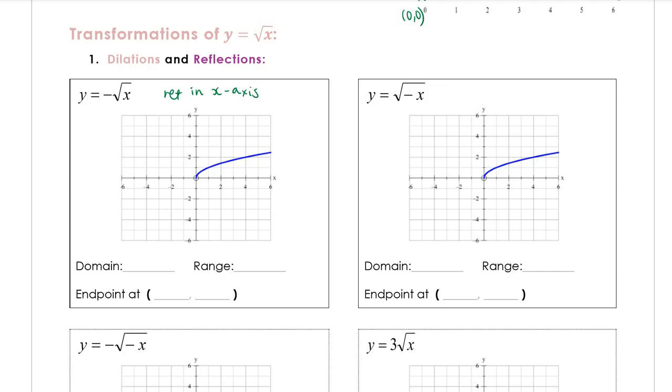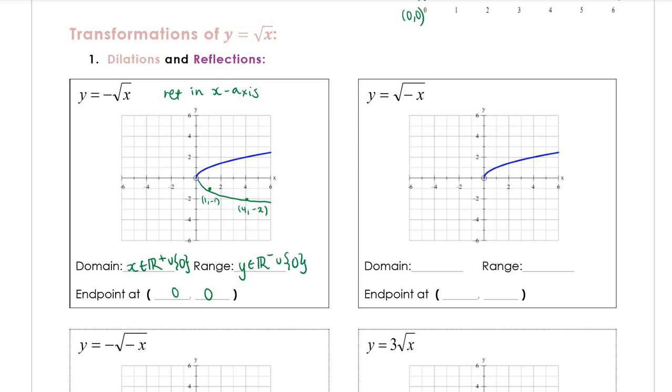So that (1, 1), if I take the negative of that, is going to be (1, -1). I'd end up with (4, -2), etc. But our endpoint in this case is still going to be at (0, 0) because we haven't moved it. Our domain itself is still in the positives, but our range now is in the negatives.